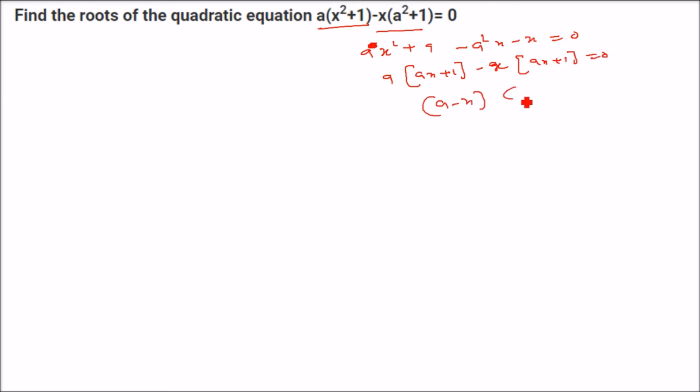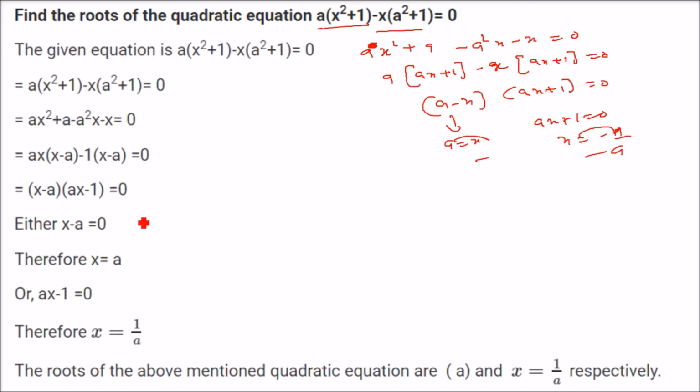So a minus x and ax plus 1 are the factors. This will give you x equal to a. This will give you ax plus 1 equal to 0, so x will be equal to minus 1 by a. x equal to a and x equal to minus 1 by a are the solutions. Please remember, it will be minus.